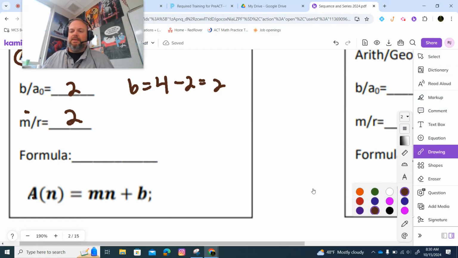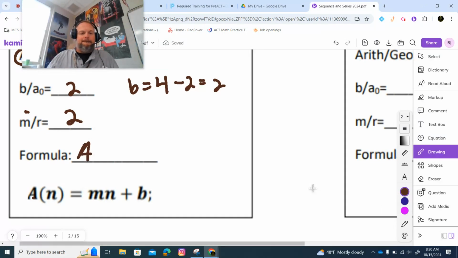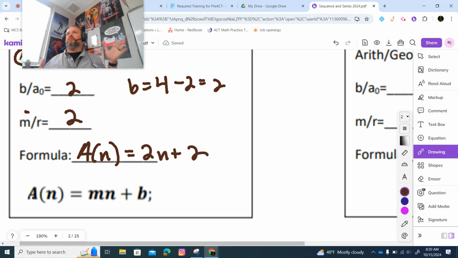Now, our M is 2. Our B is 2. That's our answer. Yes, you have to do the A sub n, parentheses, the whole 9 yards. Okay?